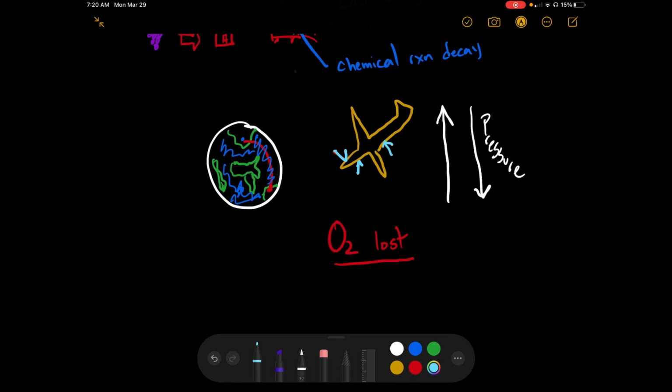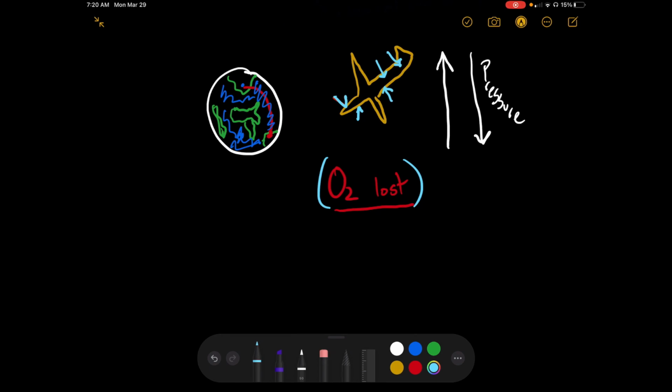If they put pressure on the inside of this airplane, then the O2 levels are pretty good.